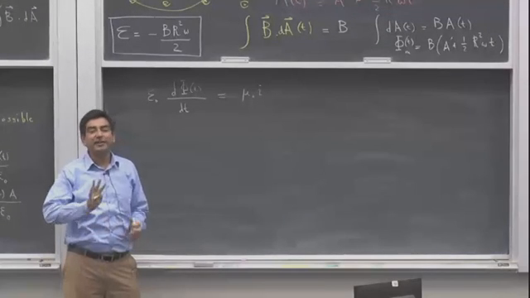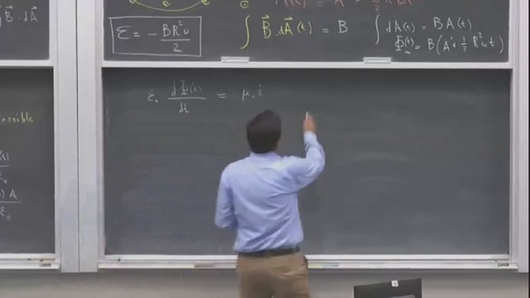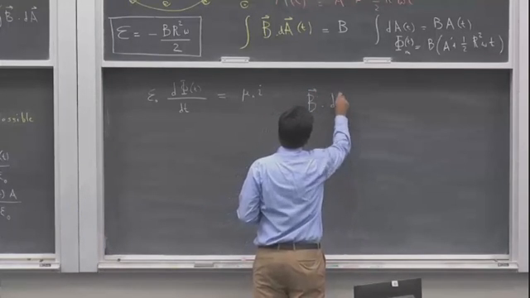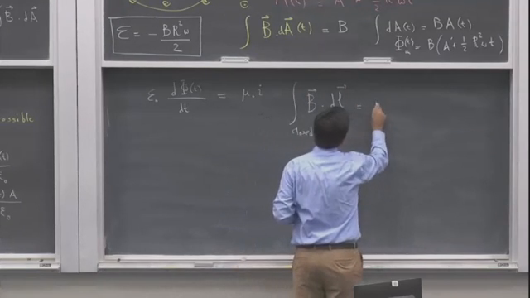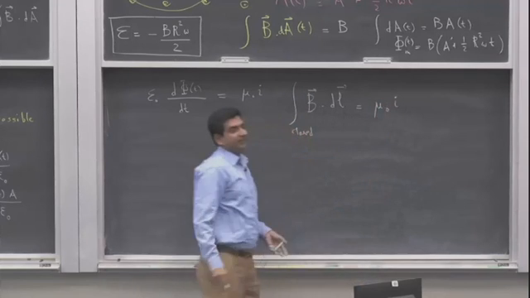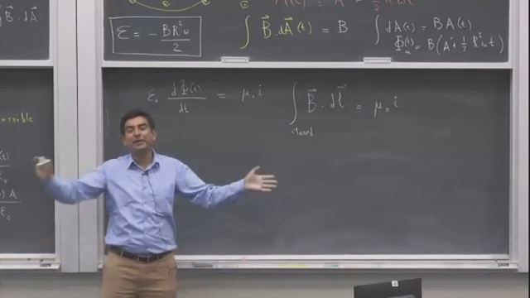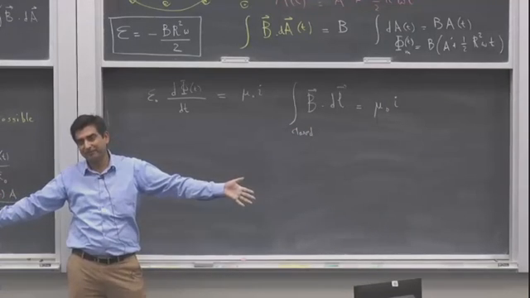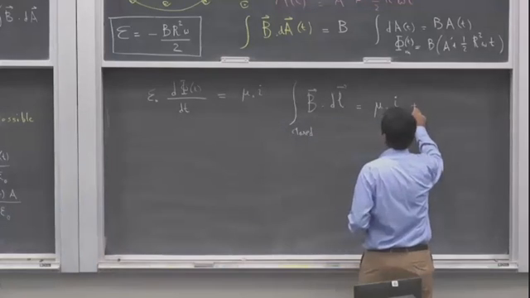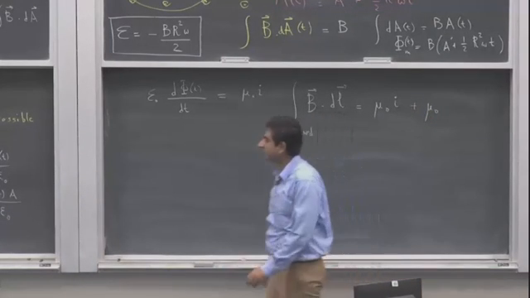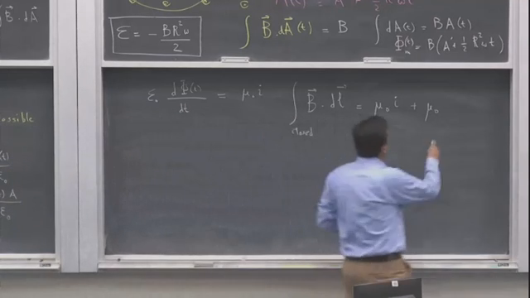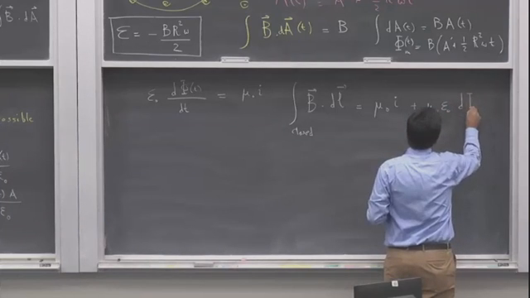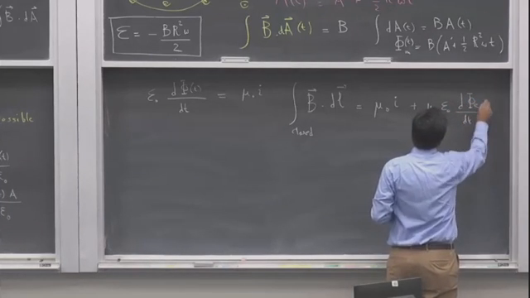Hence, Ampere's law can be modified in the following fashion. B dotted with dl around a closed path equals mu naught I. This is the traditional form of Ampere's law in which no changing electric fields are involved, plus mu naught times epsilon naught times the rate of change of electric flux through an area.